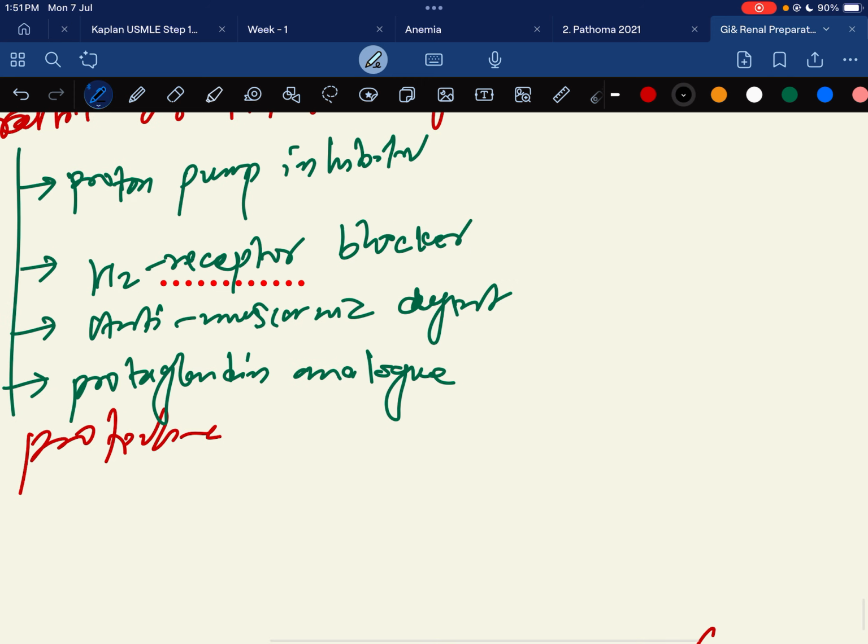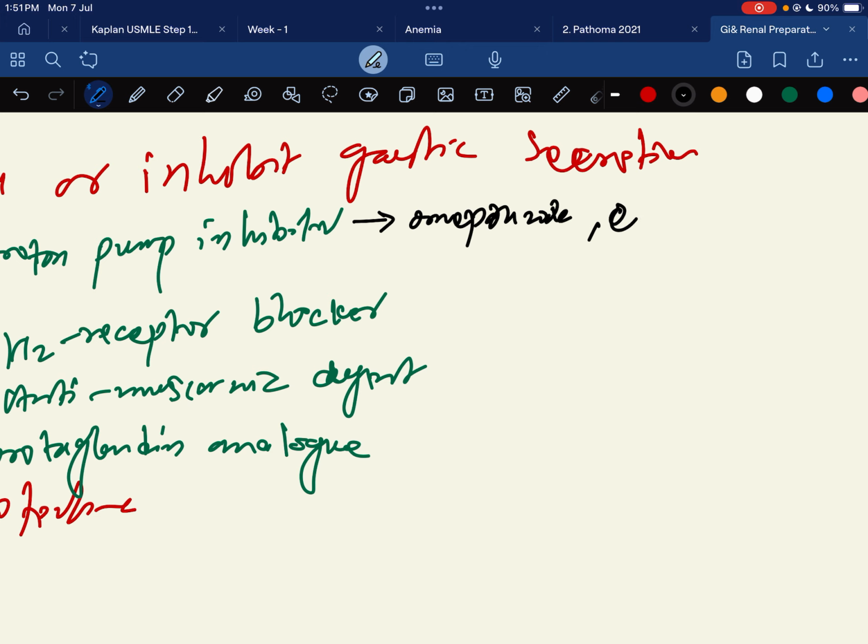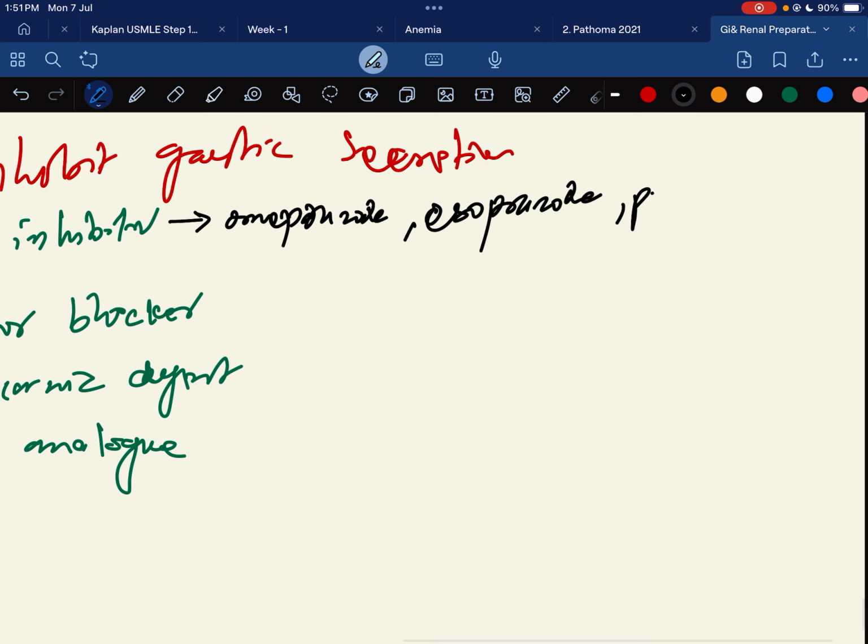In that, the proton pump inhibitors are omeprazole, esomeprazole, pantoprazole.